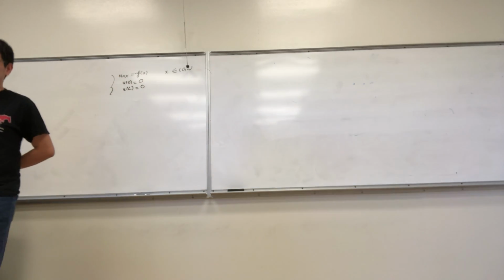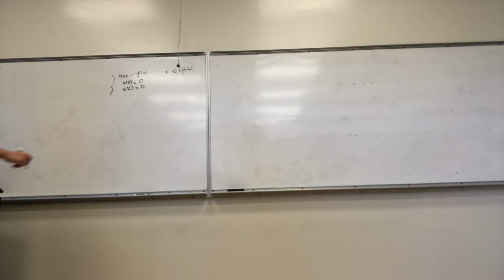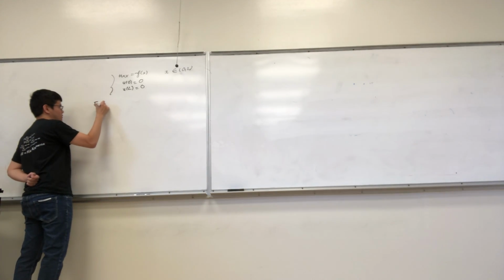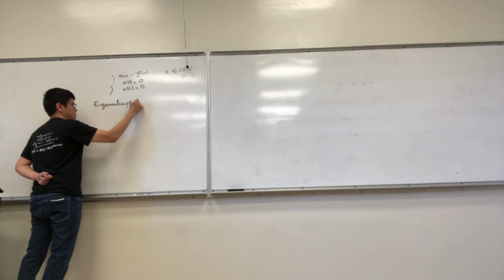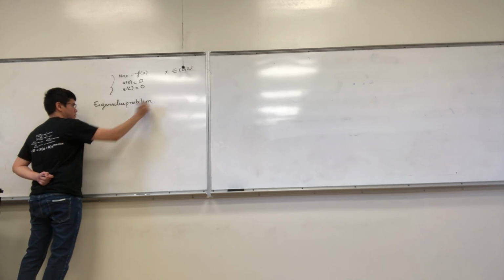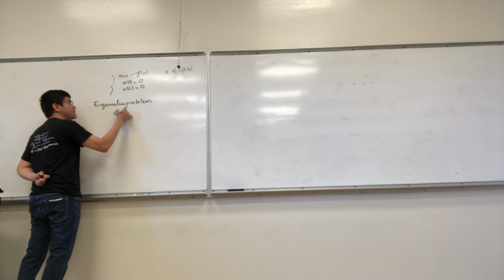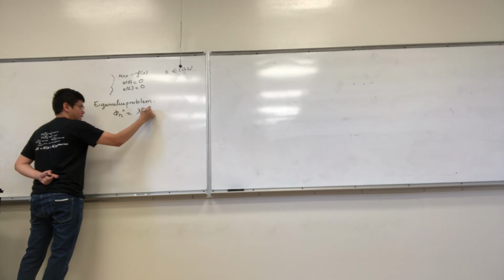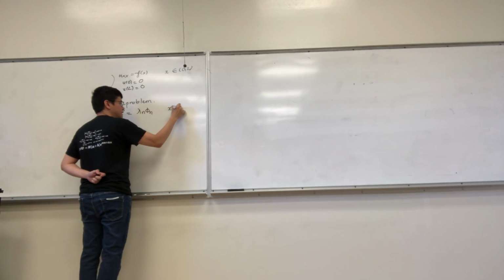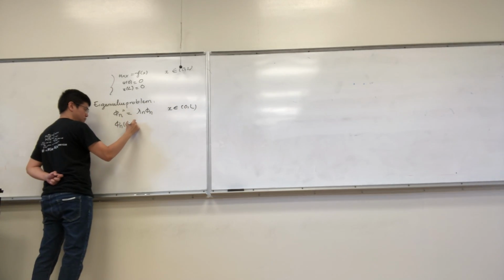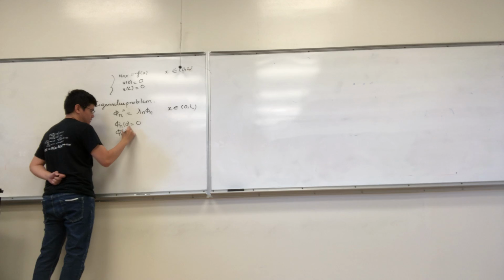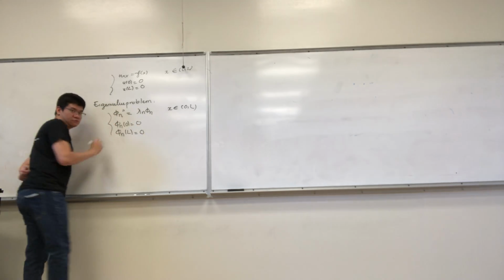So in the previous class, we needed to solve the eigenvalue problem: theta n double prime equals lambda n theta n for x from 0 to L, and theta n at 0 is 0, and theta n at L is 0, right?